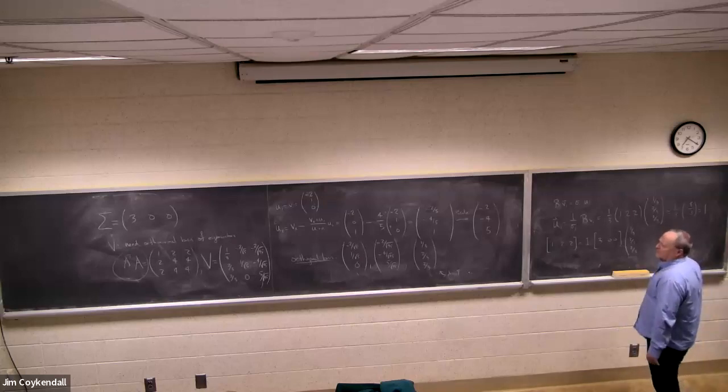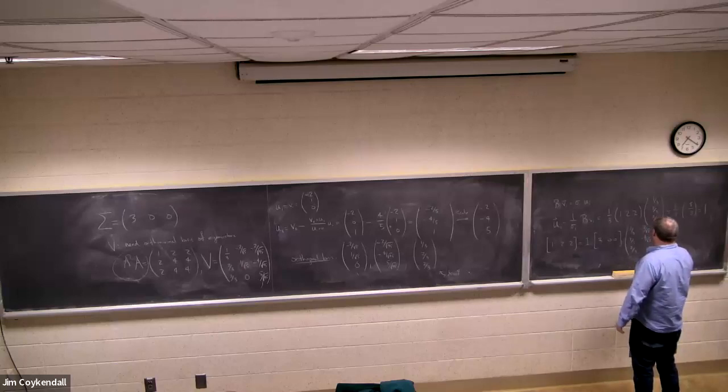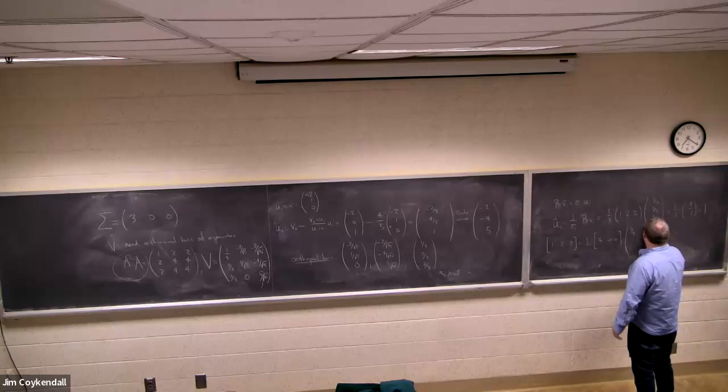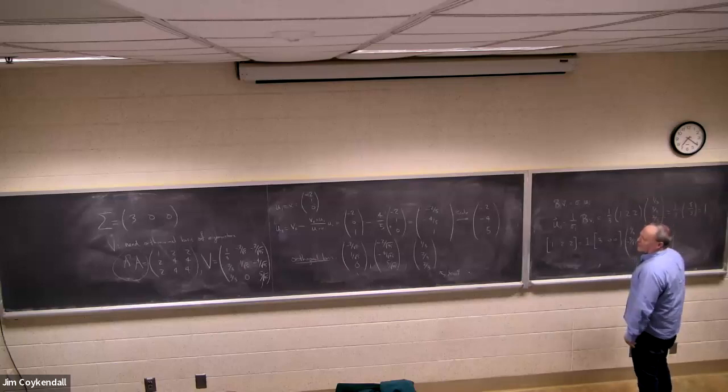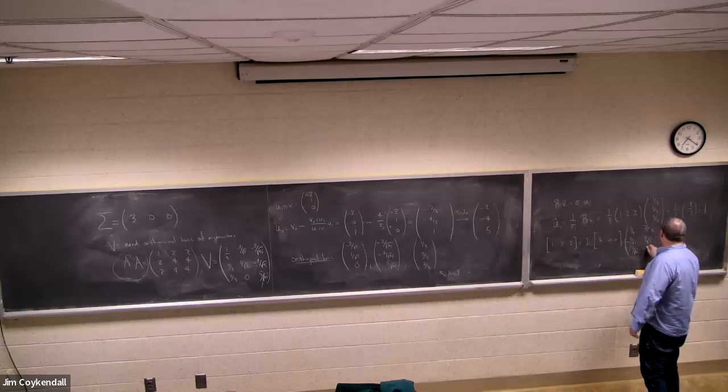Well, let's write the rest down. Minus 2 over radical 5, 1 over radical 5, 0, and oh, it has to be transposed. 2 over radical 5, that'll be a negative. 1 over radical 5, 0, and finally minus 2 over radical 45, minus 4 over radical 45, and 5 over radical 45.